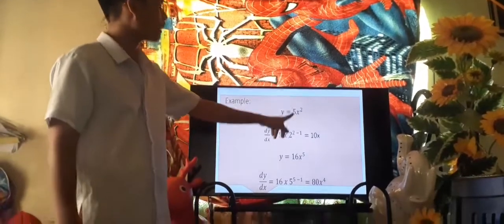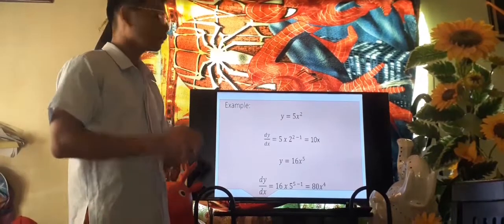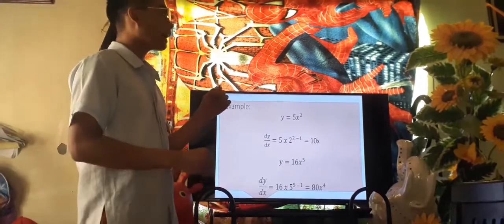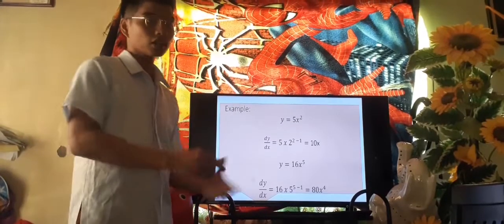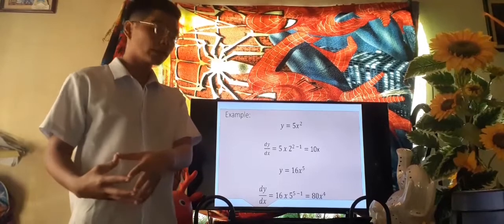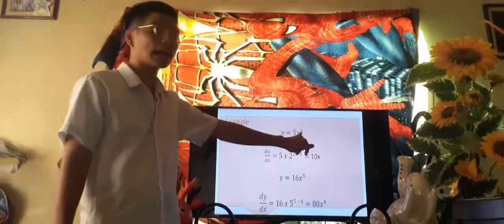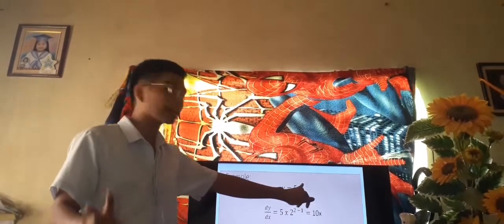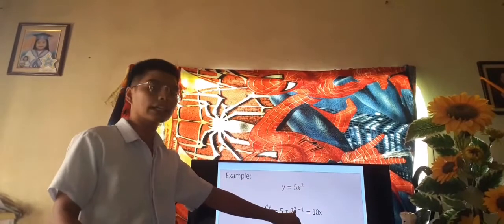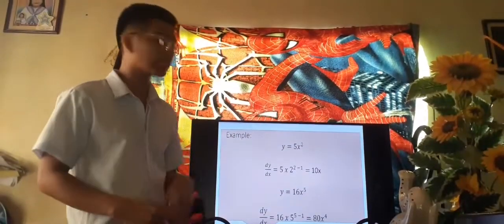So, y equals 5x raised to 2 or squared. Sabi natin kanina, ang constant ay multiply sa kanyang sariling exponent. So, ang 5 is multiply natin sa exponent niyang 2. Tapos, yun naman kanyang exponent ay subtracted by 1. So, paano nga ba yun? Proceed na tayo.